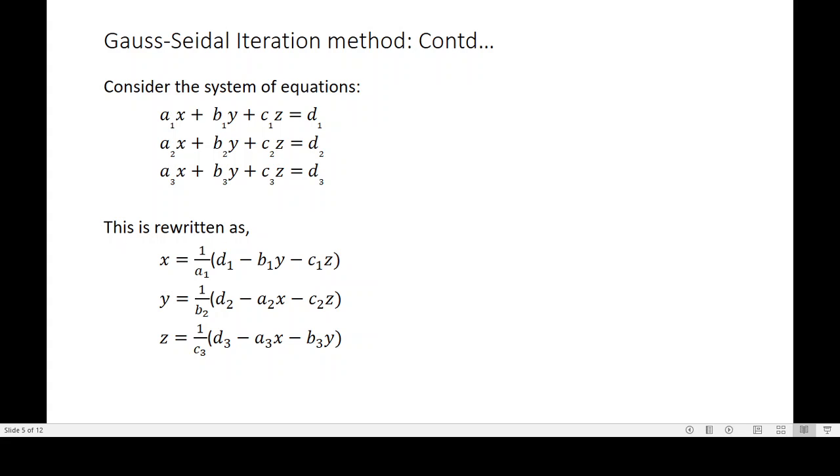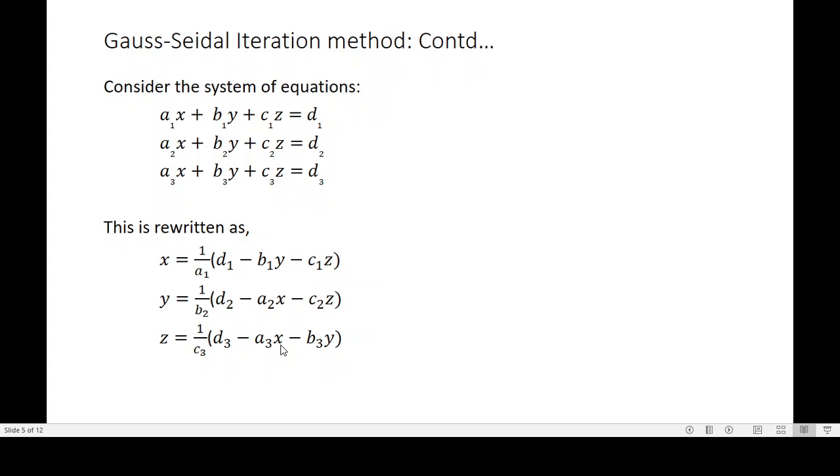Now in the second iteration or the second approximation, we substitute y is equal to y1, z is equal to z1 to find x2. So second iteration is, we put y is equal to y1, z is equal to z1 to get x2. In the second equation, we substitute x is equal to x2, z is equal to z1 and obtain y2.